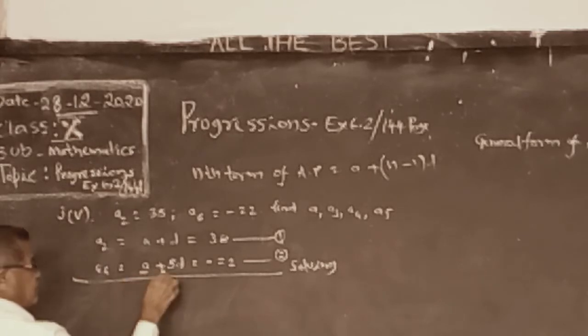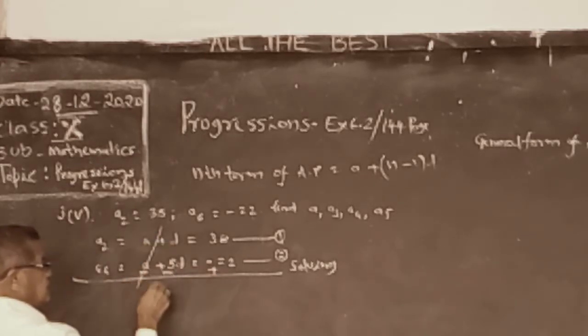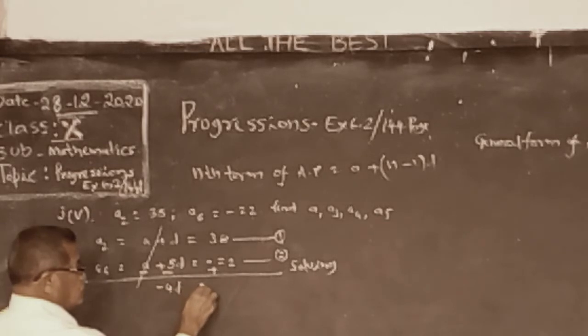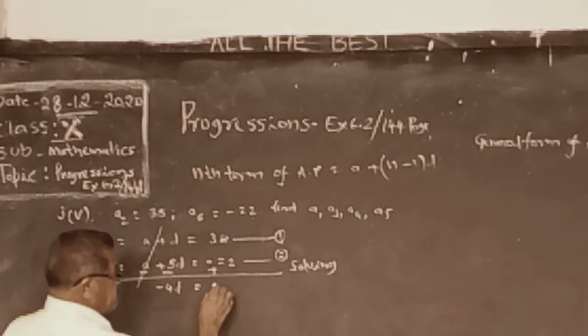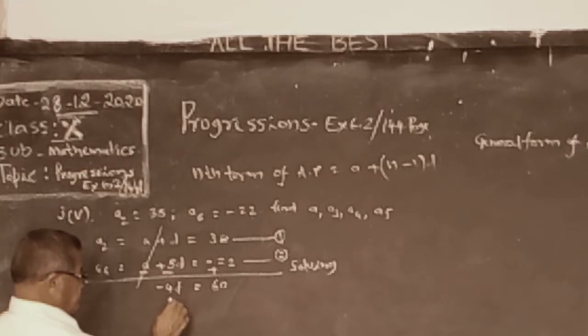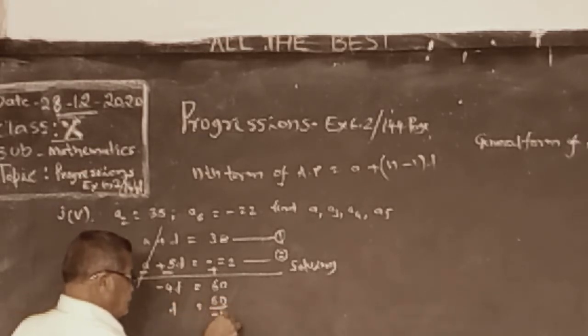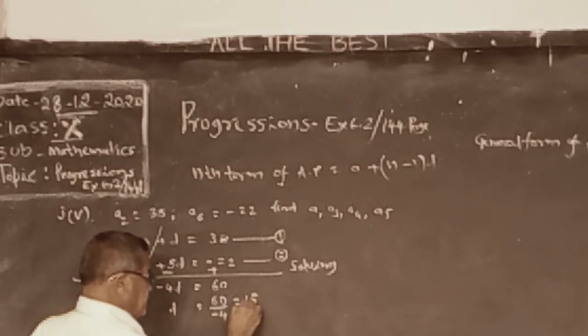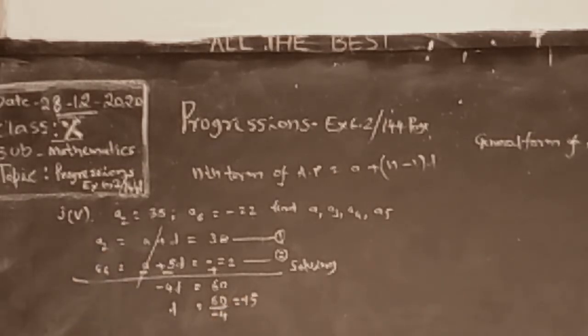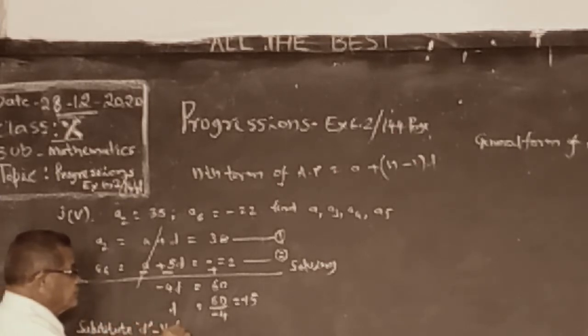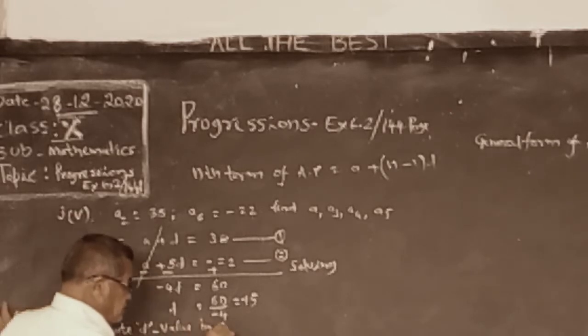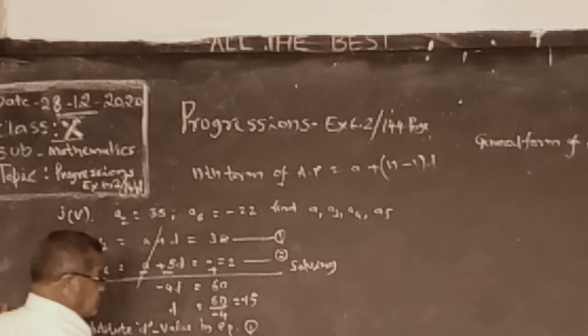So subtraction, minus plus. So -4D is equal to 60, and D is equal to 60 by -4, that is -15. D is -15. Substitute D value in equation 1.